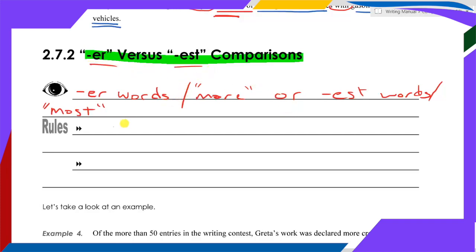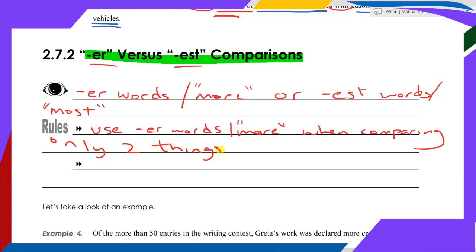And what is this issue? It is that we use ER words or more when comparing only two things, and we use EST or most when comparing three or more things.